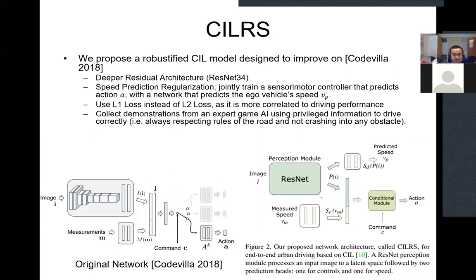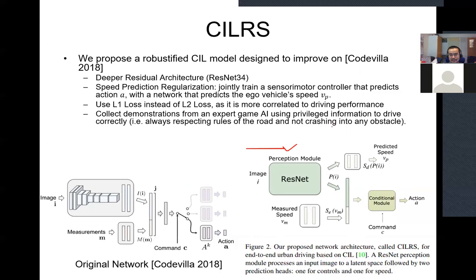So this is the original network from the 2018 paper, and this is the new network architecture. For the improvements, first, they replaced the original CNN with a ResNet, a residual neural network, which is a state-of-the-art CNN for perception with a few hundred layers and very accurate on ImageNet and other benchmarks.